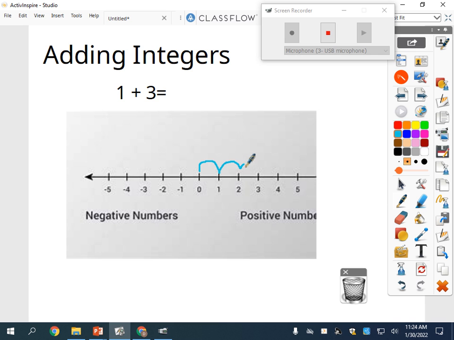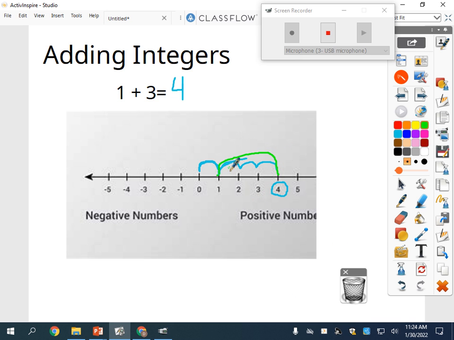So 1, 2, 3 more, and I end up on positive 4. So my first jump was a positive 1. My second jump was a positive 3, so it ends up on positive 4.